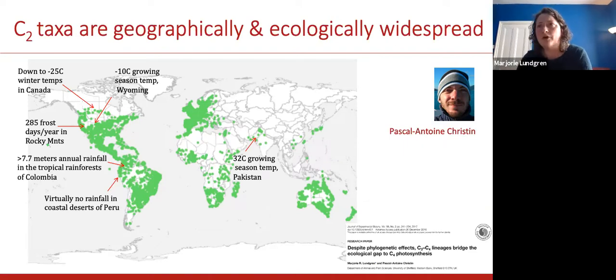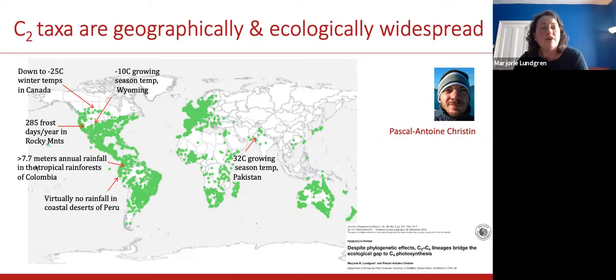The second point I want you to take away from this is that these plants can grow in extremely contrasting environments. They're found in very hot places, like here in Pakistan. They're found in incredibly cold places, like in northern US and in Canada. They're also found in the Rocky Mountains, where there are dominating frost days per year.